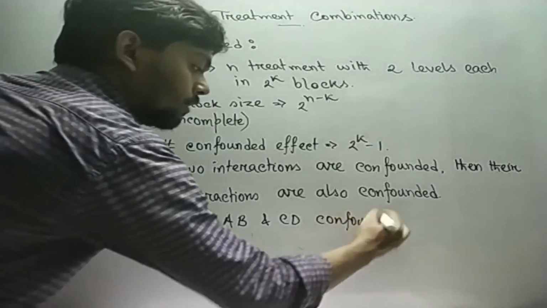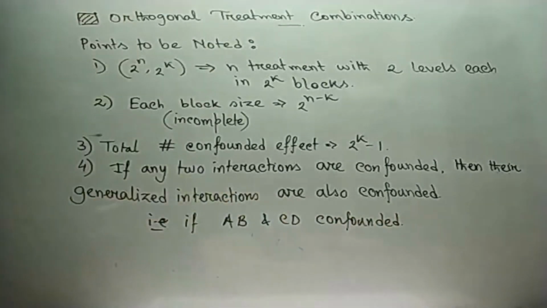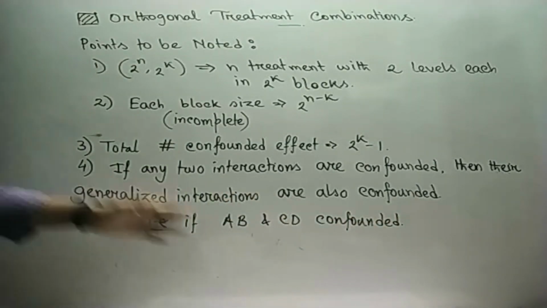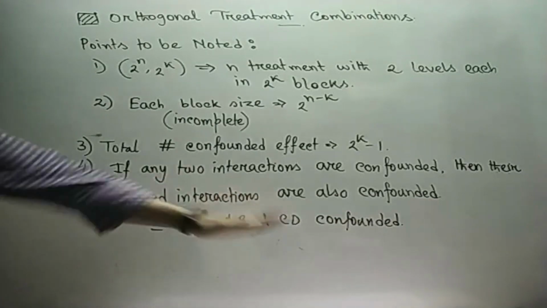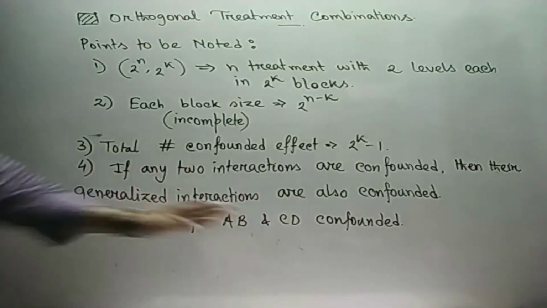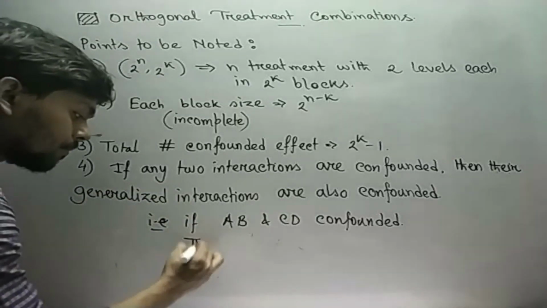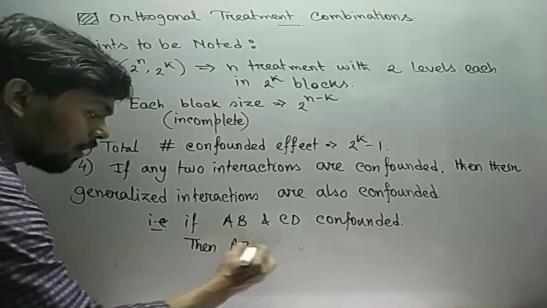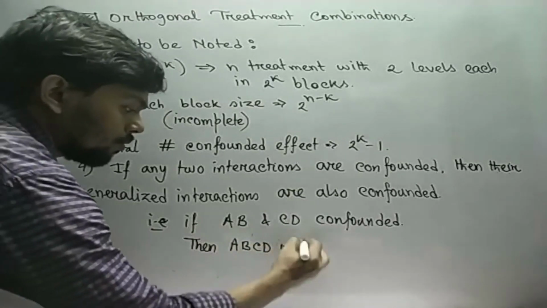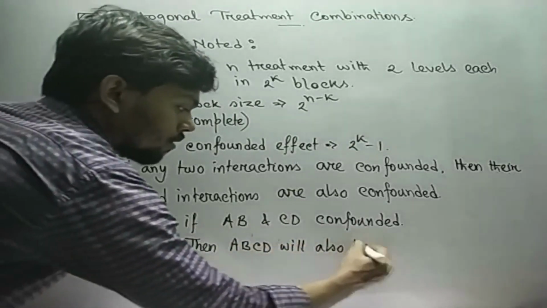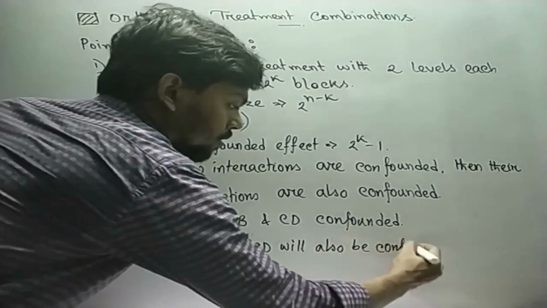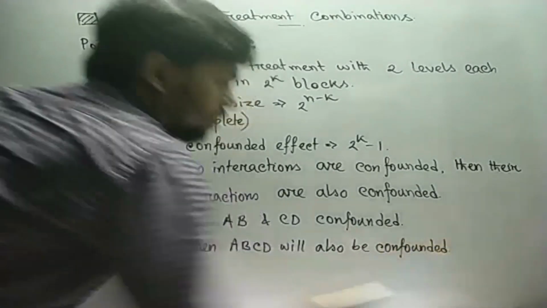If we get that AB and CD are confounded, then their generalized interaction, that means AB into CD, which is ABCD, will also be confounded.